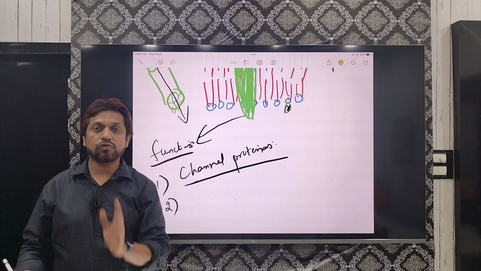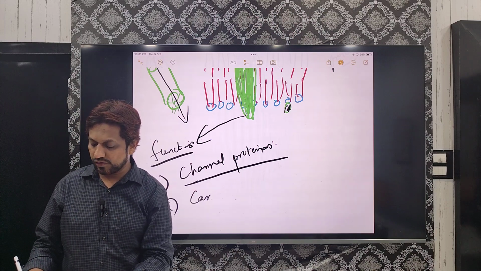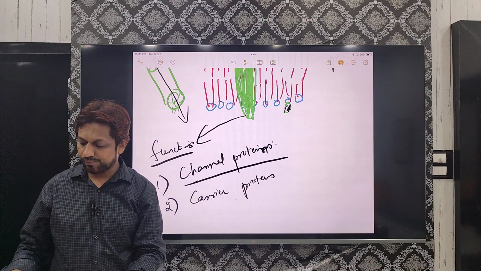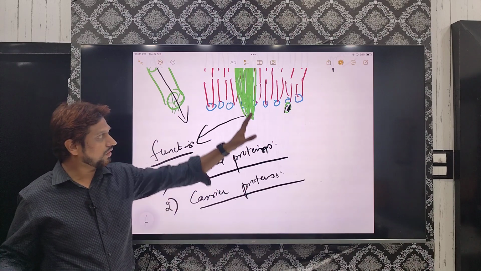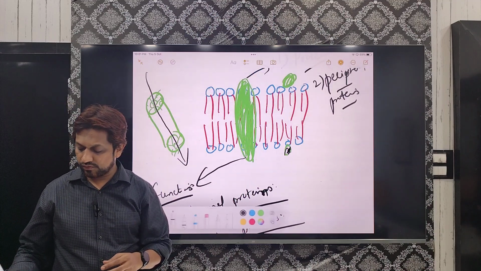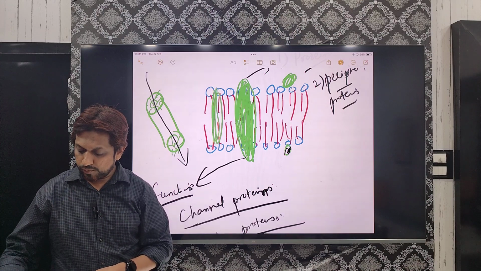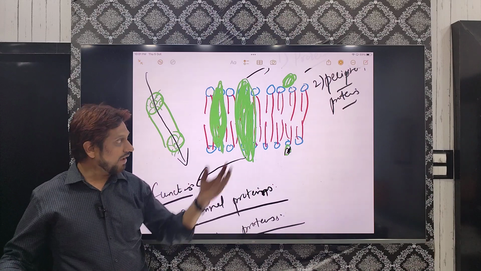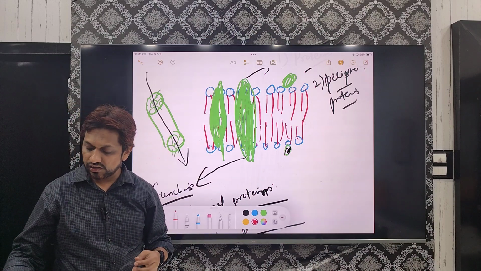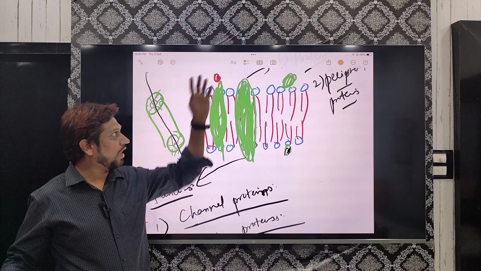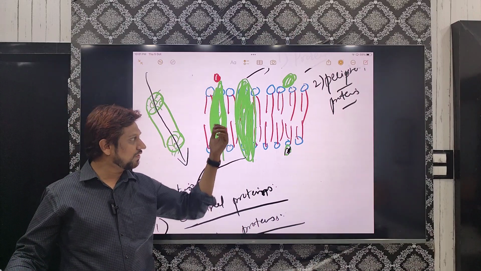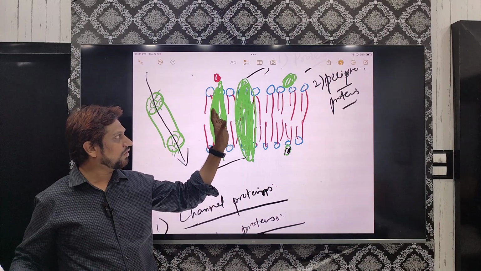Then it will also act as the carrier protein. Sometimes it can act as a carrier protein. So what are the carrier proteins here? Sometimes these proteins will have a receptor site outside, on which some ligand or hormone or substance will attach, and it is transported from the ECF to the ICF by a conformational change.